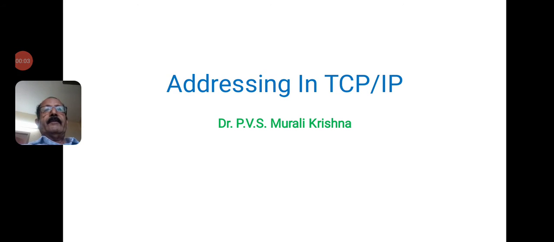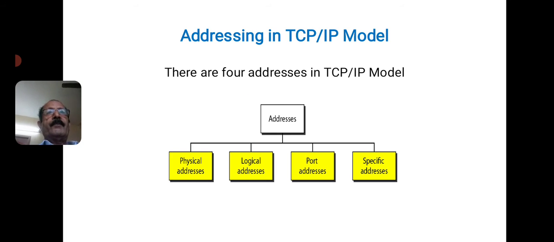In this session, we discuss addressing in TCP/IP. The TCP/IP model has four types of addresses: physical addresses, logical addresses, port addresses, and specific addresses.